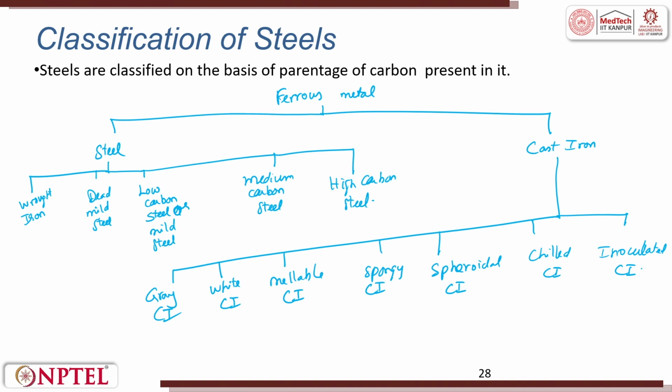Cast iron has multiple classifications if you look into it. So, ferrous metal can be classified into steel and cast iron.